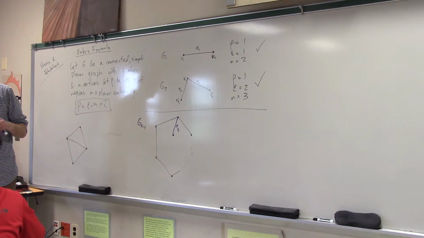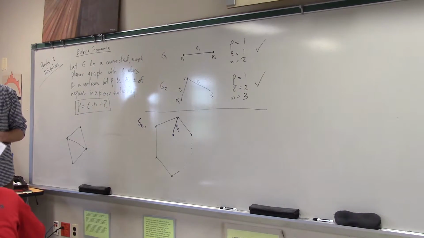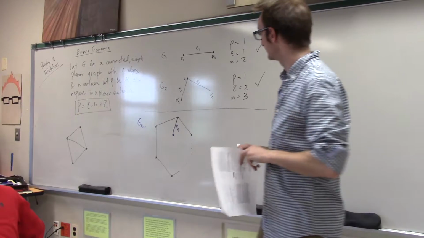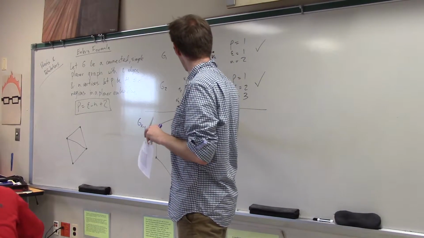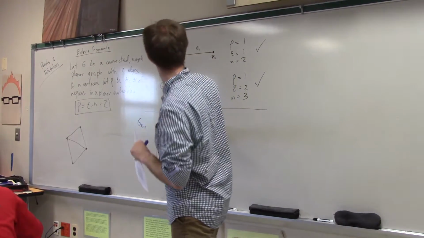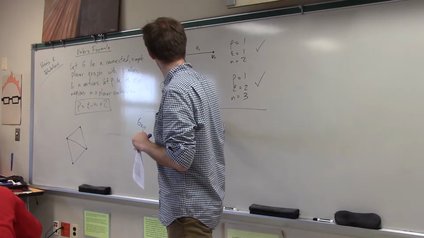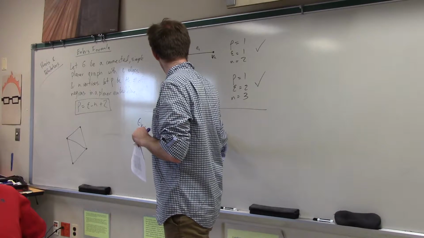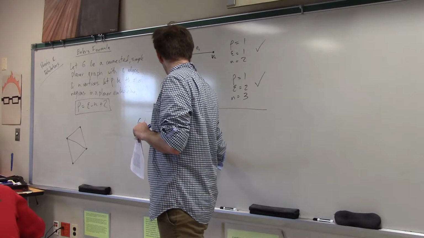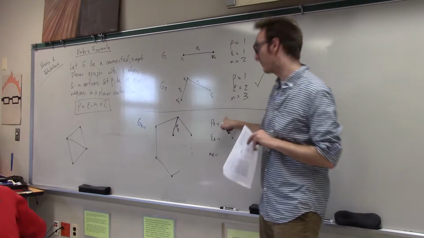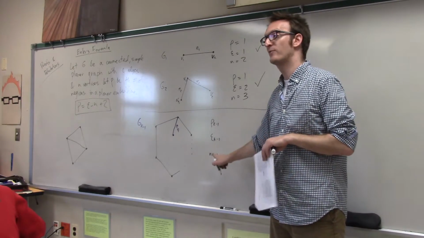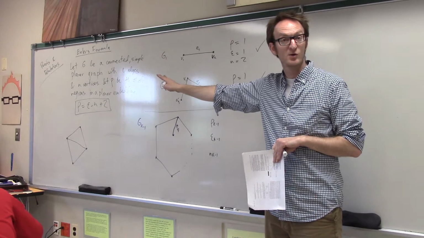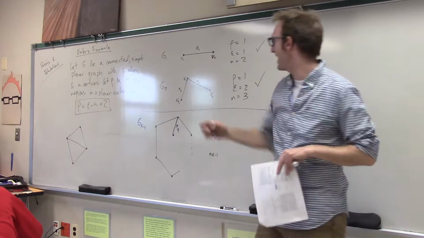Okay, well, what effect did I just have on rho, epsilon, and n? So we had rho_{k-1}, epsilon_{k-1}, and n_{k-1}. Do you understand what that means? These are the number of regions, edges, and vertices, respectively, in the previous graph, because we're building these edge by edge.